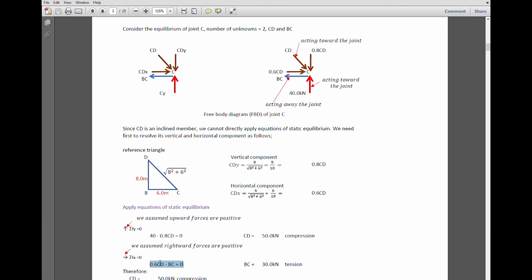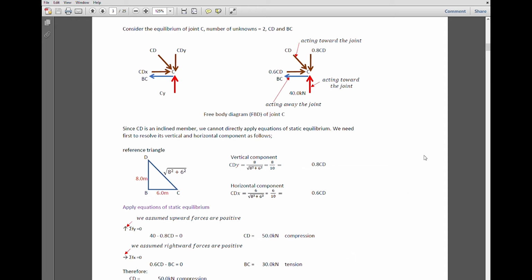So, from this equation, we can solve for BC, knowing that CD is equal to 50 kN. Ito yung nasolve natin kanina sa unang equation. So, if we replace the value of CD with 50, we can solve for BC, and that is equal to 30 kN. And our assumption was correct since 30 kN came out to be positive, that is under tension.